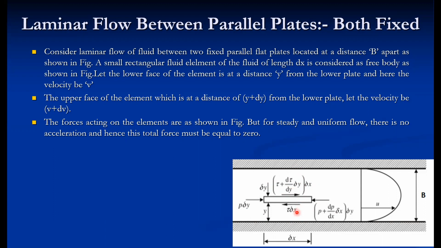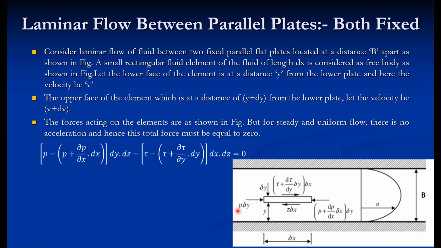According to Newton's second law of motion, because this is a dynamic condition, summation of all forces equals mass into acceleration. But under steady conditions through a constant cross section, acceleration remains 0, so we can equate all the forces to 0.